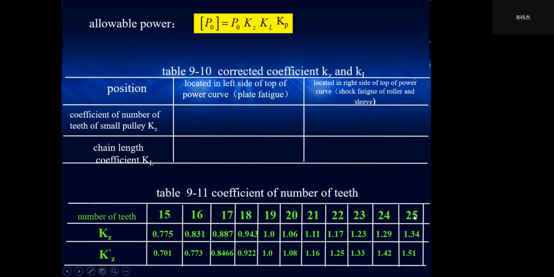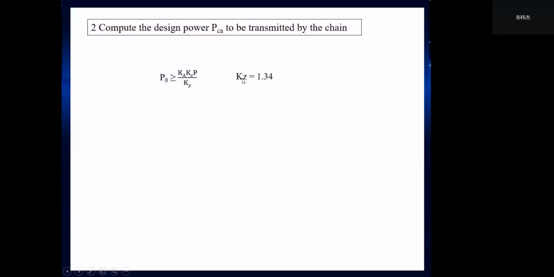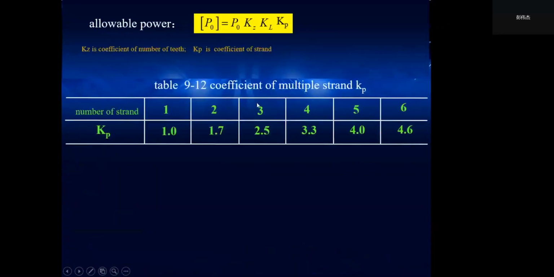So we can choose KZ as 1.34. For KP, from this table, we know that KP is the coefficient of multiple strands, and for a single strand roller chain, KP is 1.